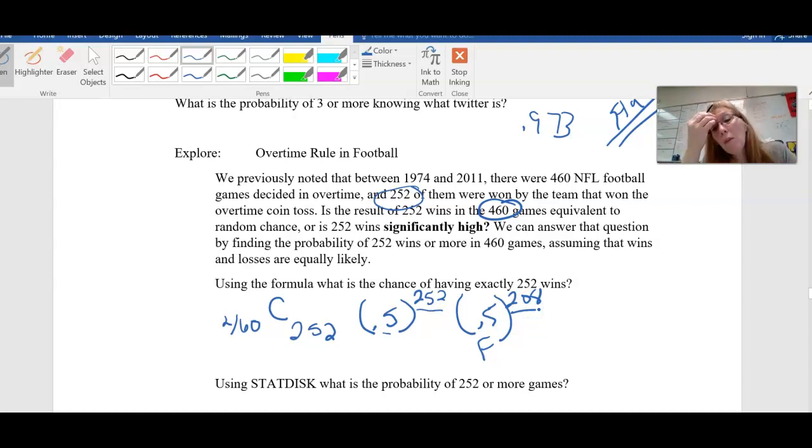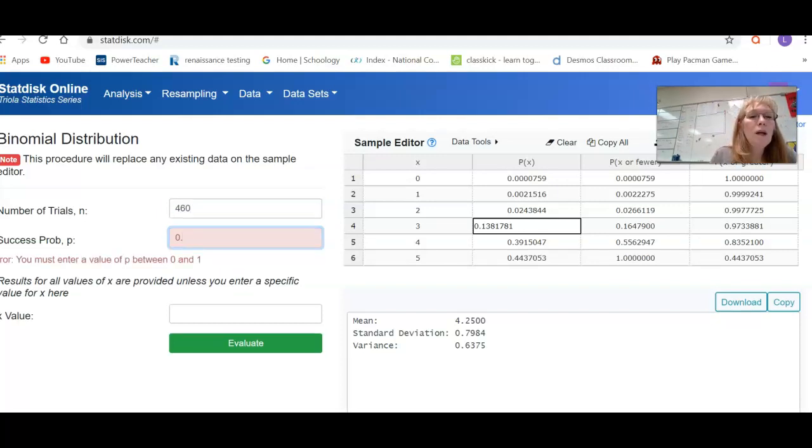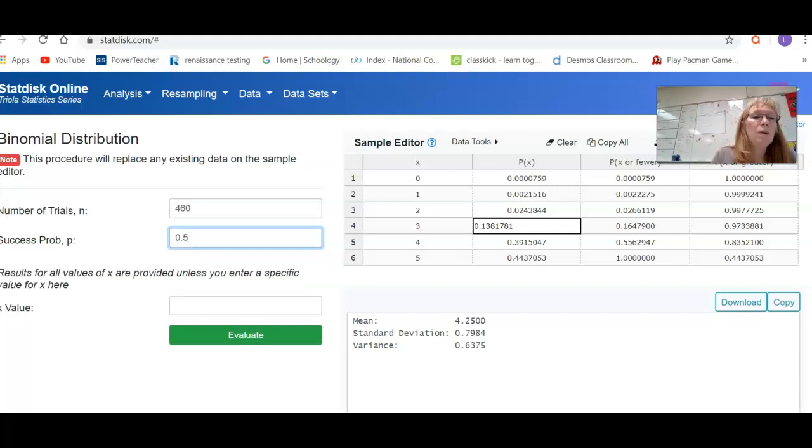When you type this in, you probably got an overflow error just because our calculators are not big enough to handle this. So I'm hoping after that you went to StatDisk. In here, your number of trials should have been 460. Your probability is 50%.